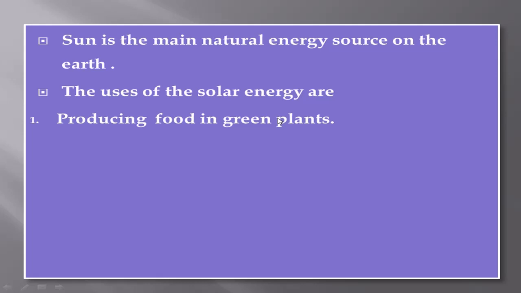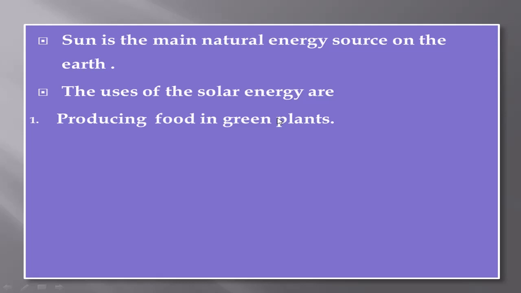One of the uses of solar energy is producing food in green plants. The process of producing food in green plants is known as photosynthesis. Under photosynthesis, we have learnt about the raw materials of photosynthesis, factors affecting photosynthesis, and products of photosynthesis, no? Right. What are the raw materials of photosynthesis?